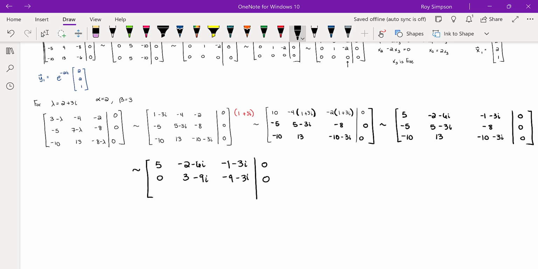Now, as you see, there is going to be a lot of room for mistakes here. Just watch your arithmetic. That's the best thing I could possibly tell you. There's going to be a lot of possibility for arithmetic mistakes. Now I'm going to take that first row and multiply everything in it by 2, so I have that in front of me.